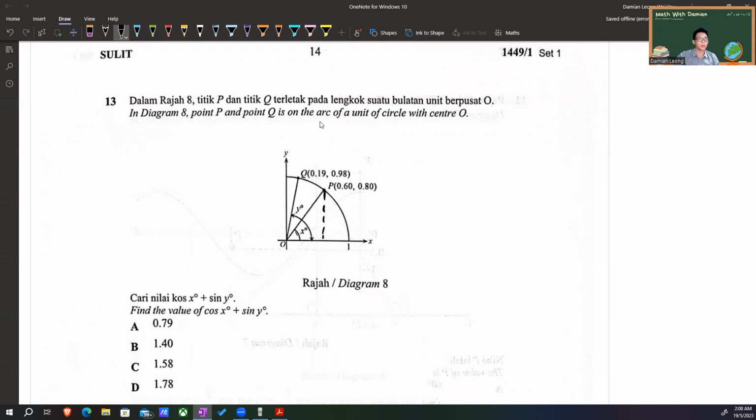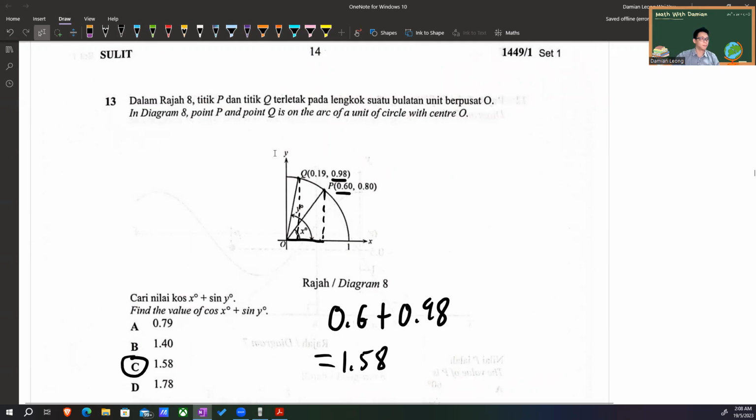If I split the triangle like that, adjacent will be the x, hypotenuse is 1, so 0.6. Plus sine y. Sine is opposite over hypotenuse. Opposite is the y, hypotenuse again 1, so it's 0.98. Just add together, it's 1.58. Answer C.